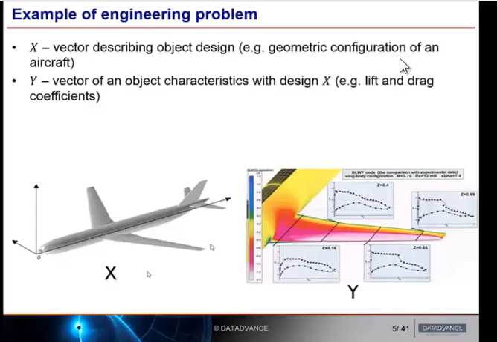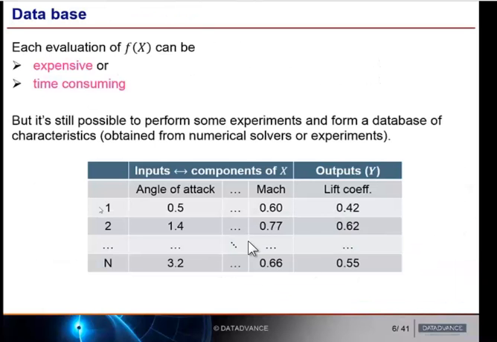We usually form the database as the following. For each experiment or numerical simulation, we have one row, for example, here. And then we put all input components into different columns. For example, one column for angle of attack, one column for the Mach number. And then we put all outputs also into different columns. For example, here it is lift coefficient.